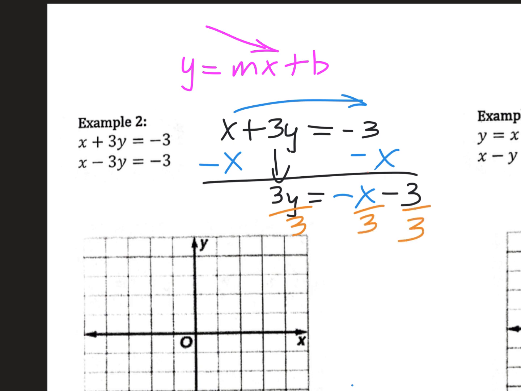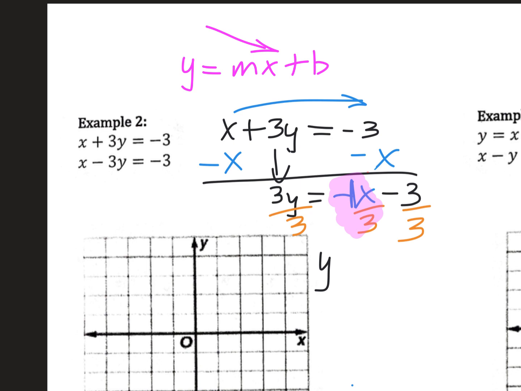And so my y is now isolated. I like where your head was at, Xavier, because you're right. There's technically a 1 in front of that x. So what is the slope? It's negative 1 over 3. Okay, because there's technically a 1 in front of that x.